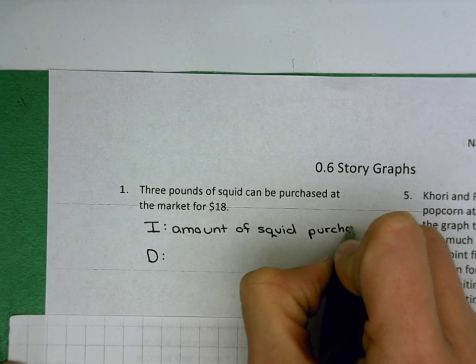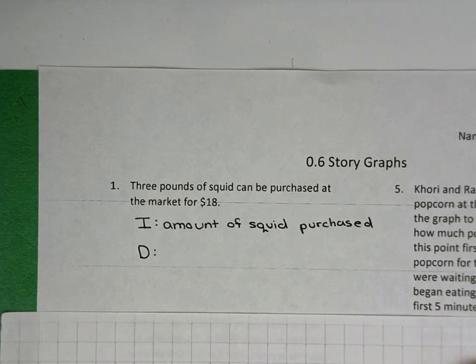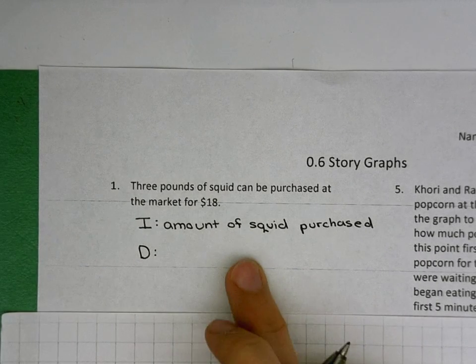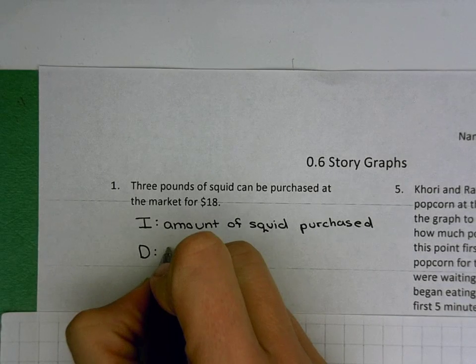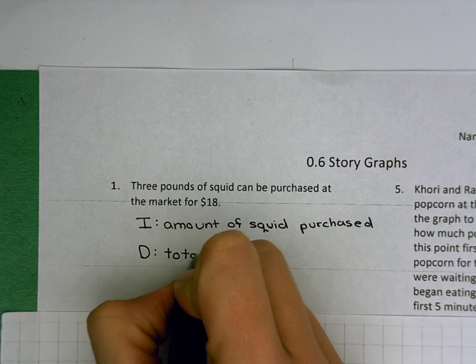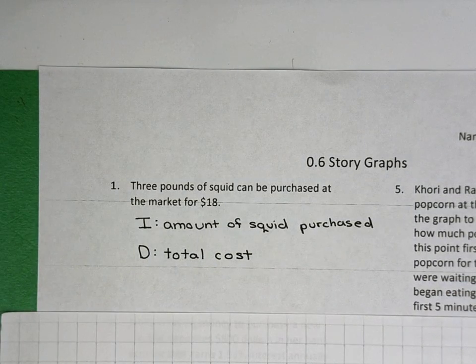And the reason that is the independent is because as that changes, as I purchase more squid, that specifically alters the total cost. The independent makes the dependent change.